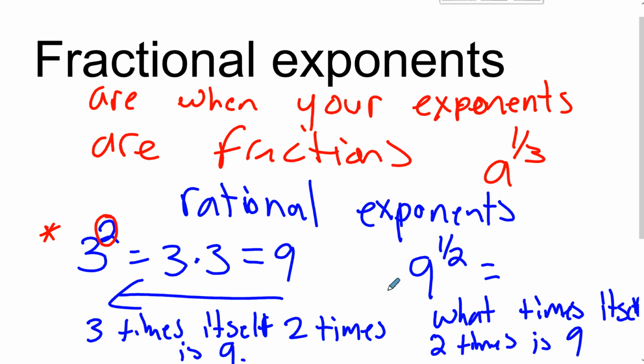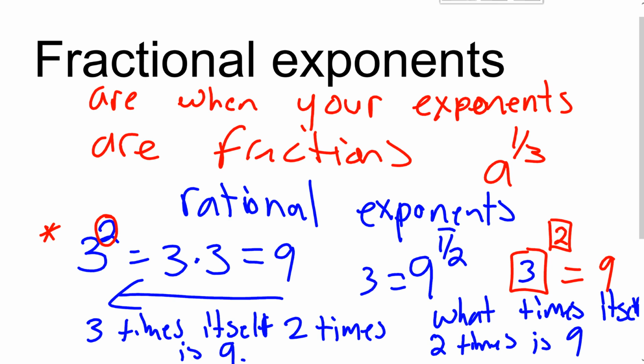This one is saying, what times itself 2 times is 9? Well, that answer would be 3. So that means this answer is 3.